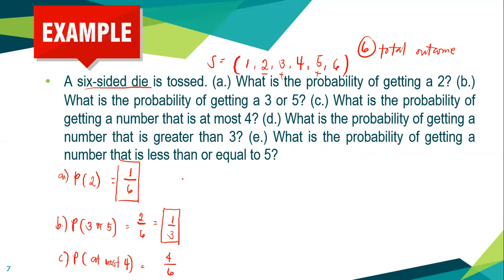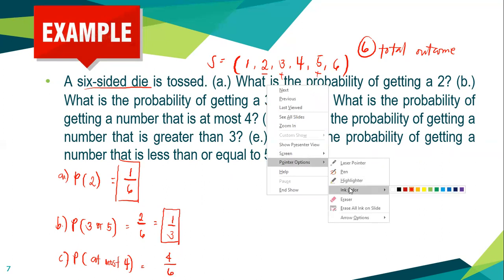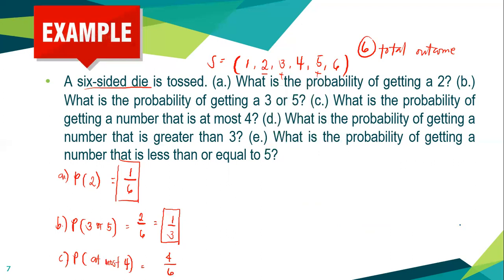Alin yung mga at most 4? E di syempre, pag sinabing at most, ang maximum na dapat na number is si 4. So ano yung mga lower than 4? So we have 1, 2, 3, and 4. So that is 4. So we have 4 over 6. Okay?